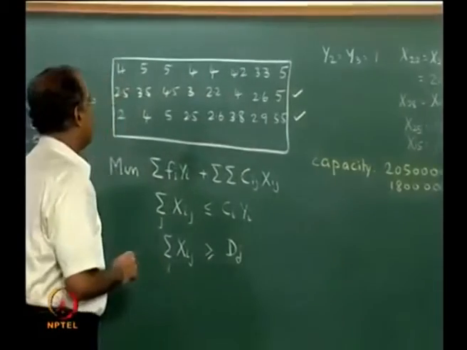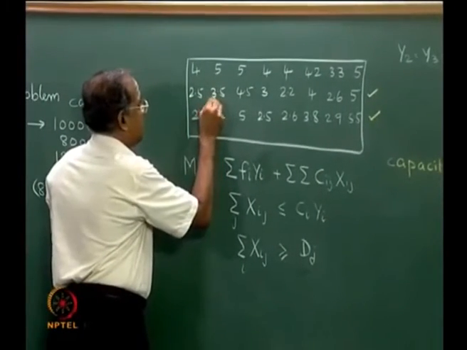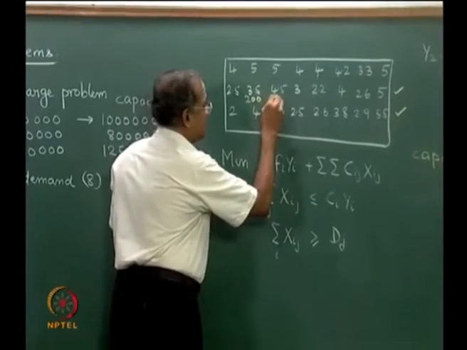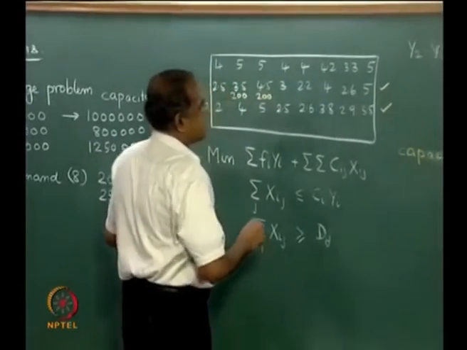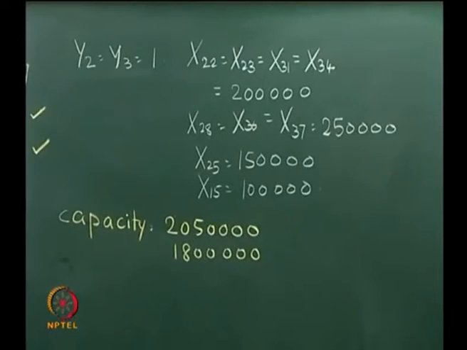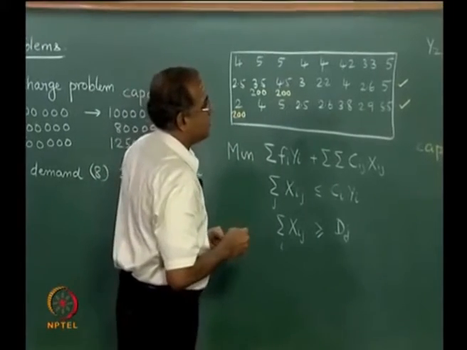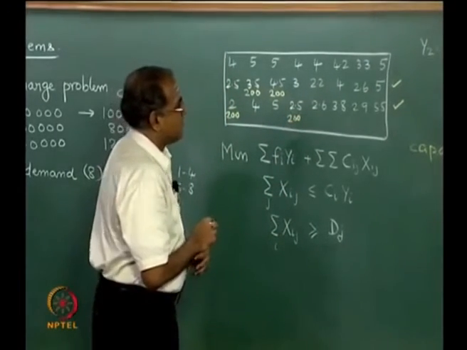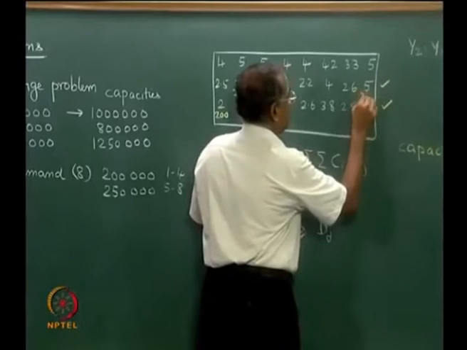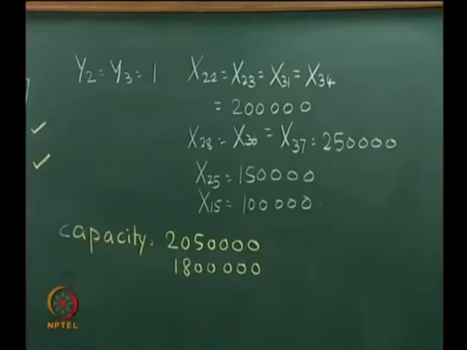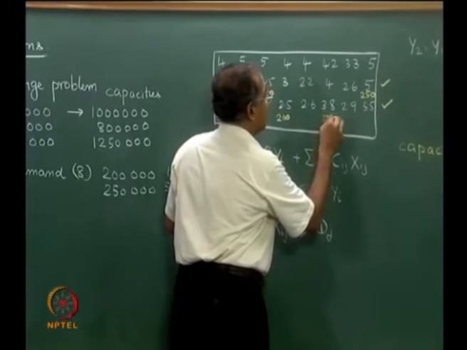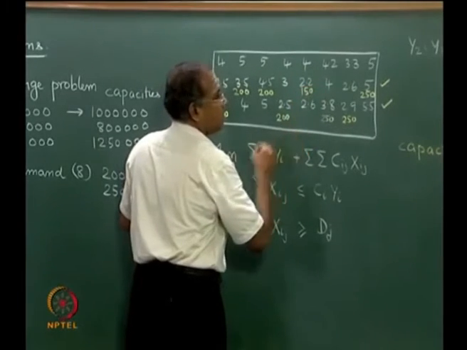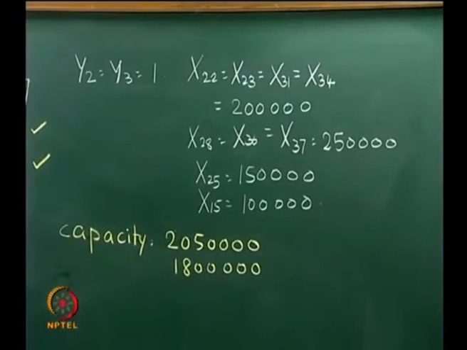So, we have x22 equal to 200,000. I am just writing 200, but it is 200,000. x23 is 200, so there is another 200 here. x31 is 200, x34 is 200, x28 is 250, x36 is 250, and x37 is 250, x25 is 150, and x35 should be 100,000.